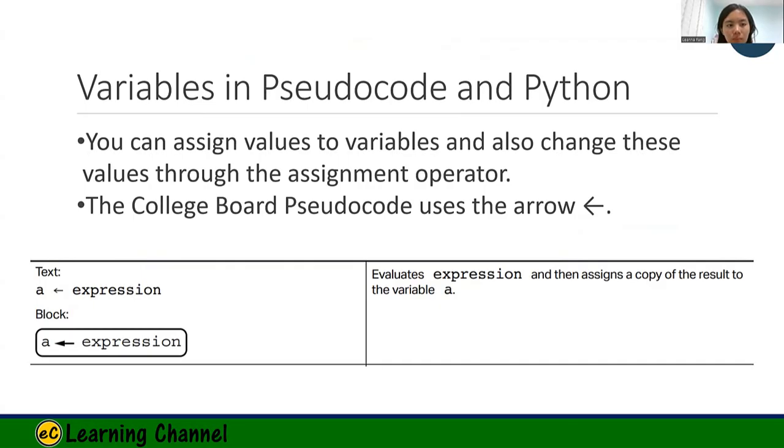So what is low-level language? There's barely any abstraction. There's no abstraction, yeah, but what is low-level language?